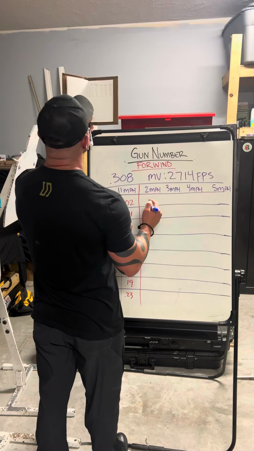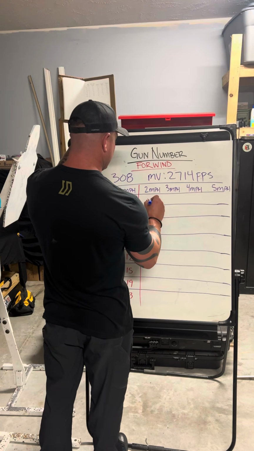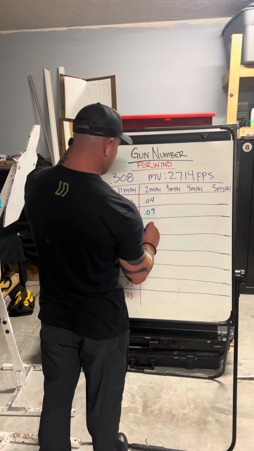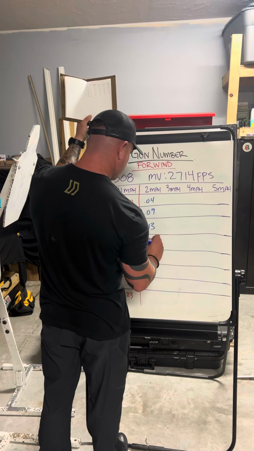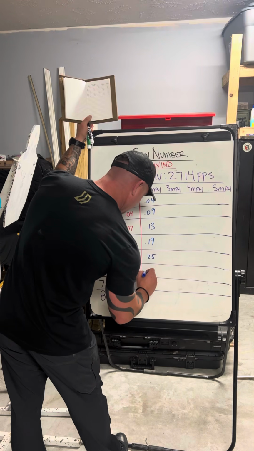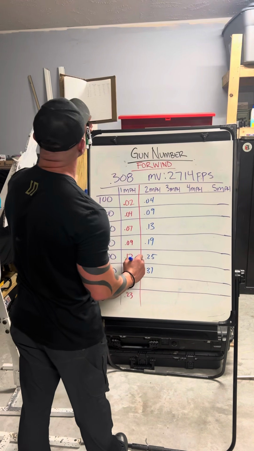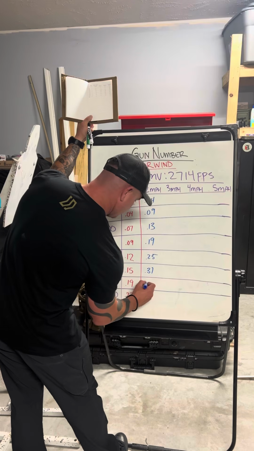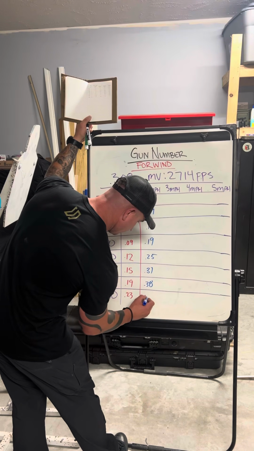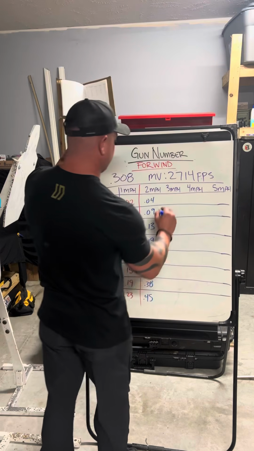So at 2 miles an hour, we're looking at 0.04, 0.09, 0.13, 0.19, 0.25, 0.31, 0.38, and 0.45.